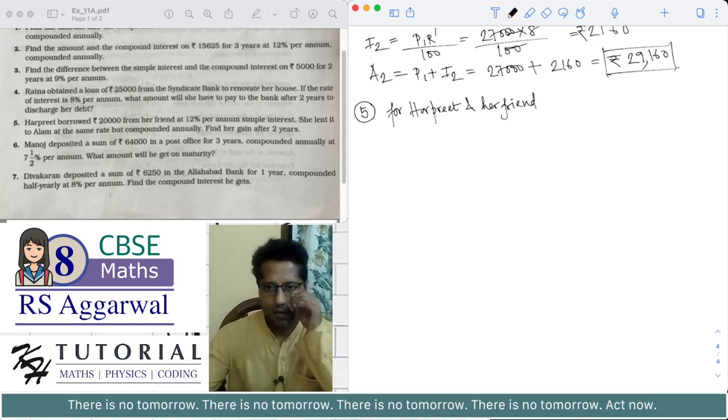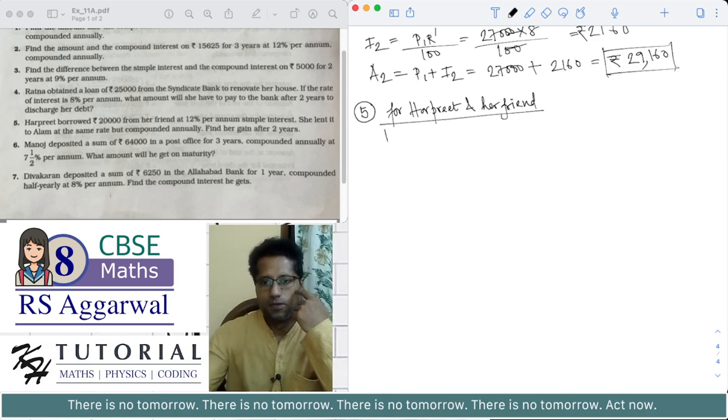Let's find the total amount that Harpreet needs to pay back to her friend based on simple interest at 12% per annum. The principal is equal to rupees 20,000. The rate of interest given is 12%. Time T is equal to 2 years.